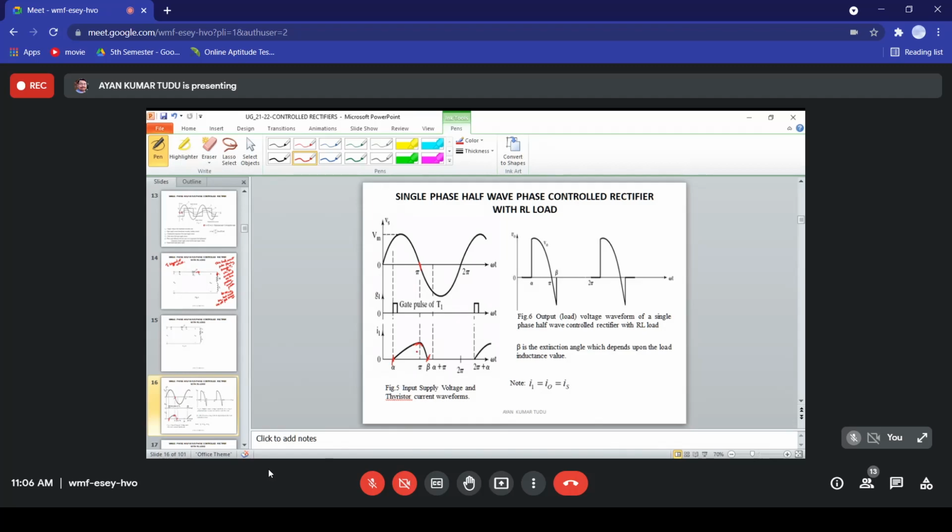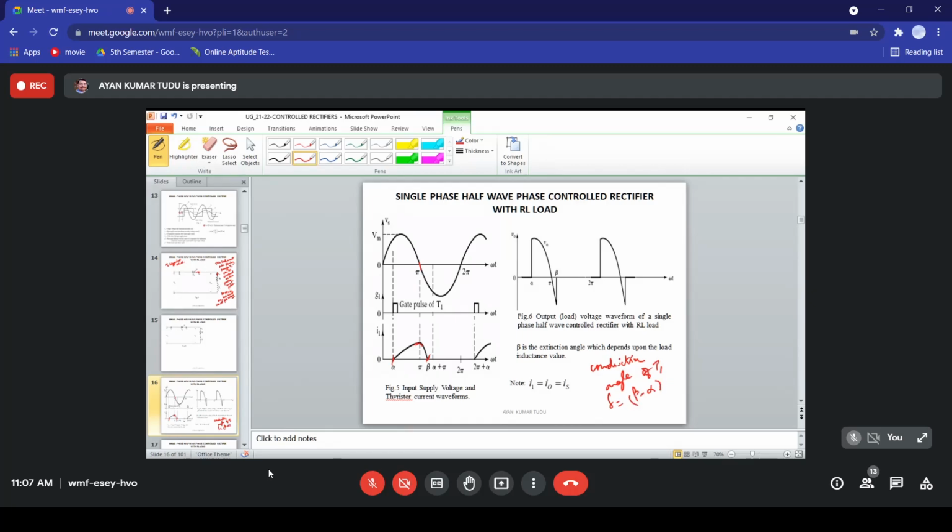So the conduction angle of T1, that is delta, would be how much? It would be beta minus alpha.